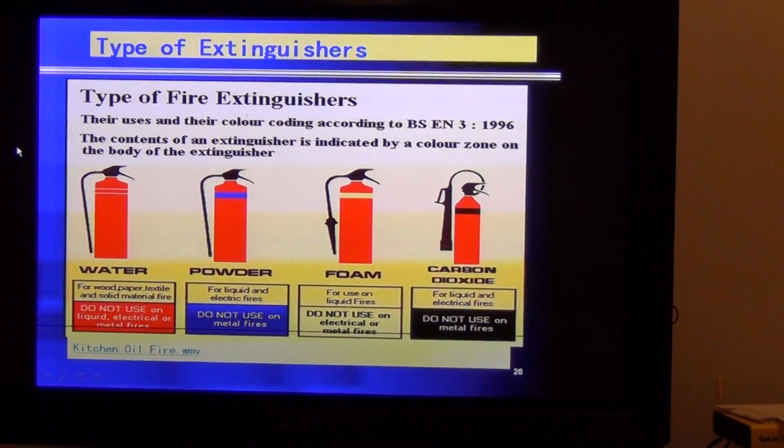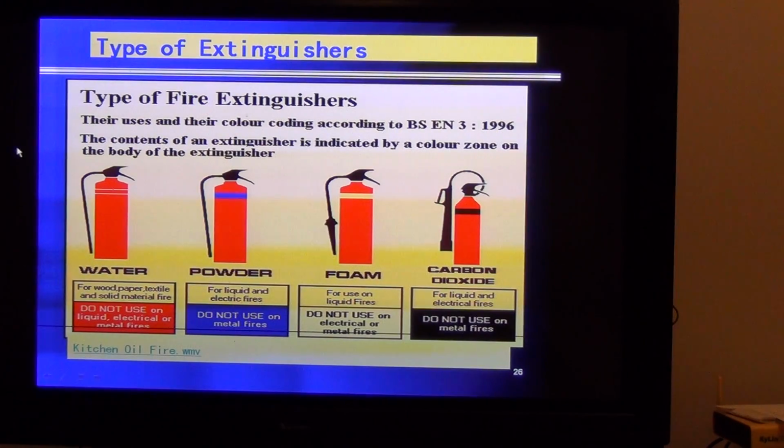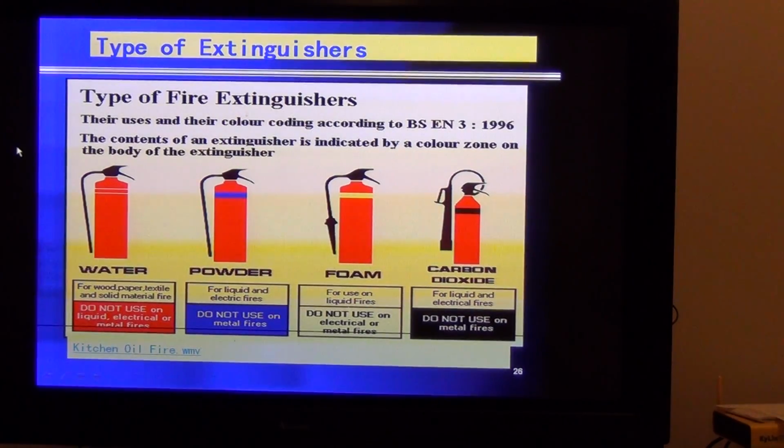The second one is powder. And the third one is foam. This will be used on liquid fire. And the fourth one is carbon dioxide. This will be used for liquid and electrical fires.